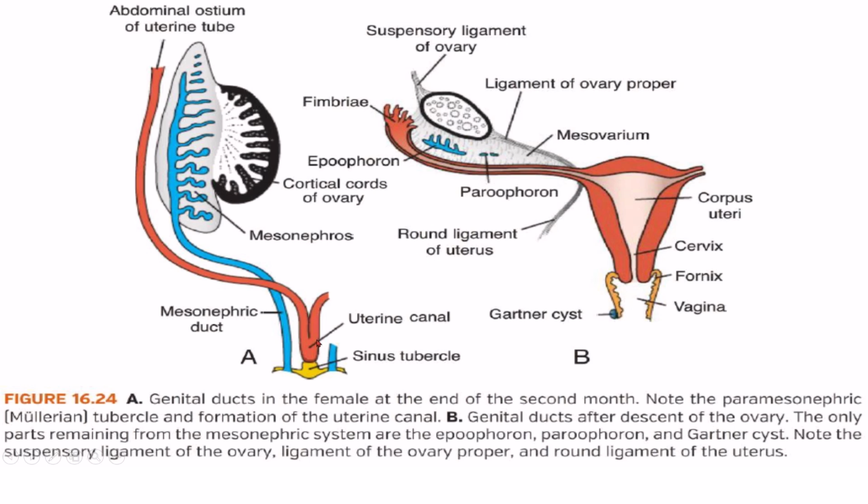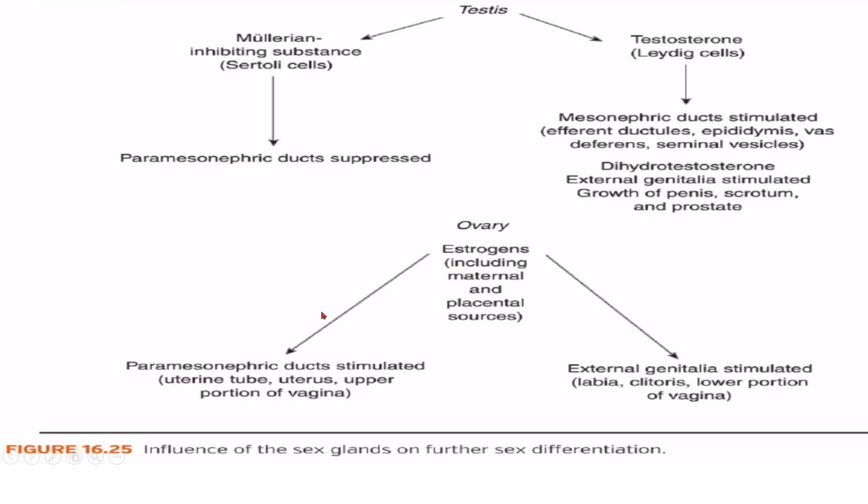You can see here the fusion of the paramesonephric ducts to form the uterus. If you see in the testis, they'll release Mullerian inhibiting substance. Paramesonephric ducts will get suppressed. The testosterone will stimulate the mesonephric ducts. This will be done by the Leydig cells.